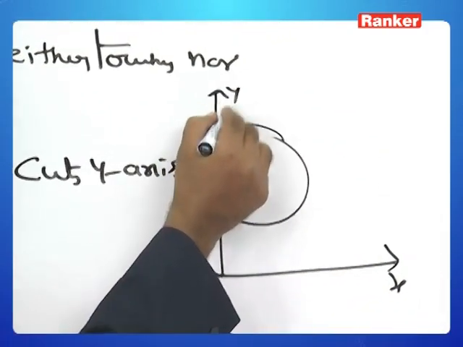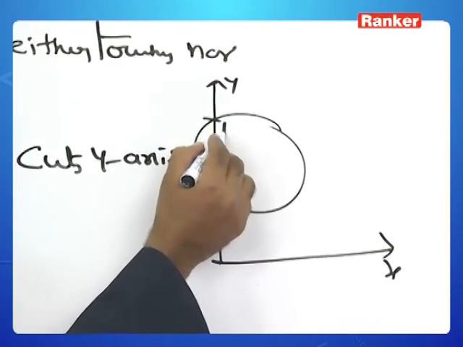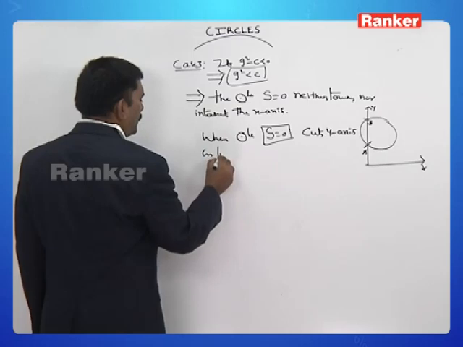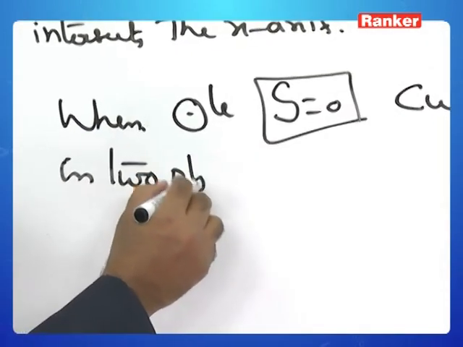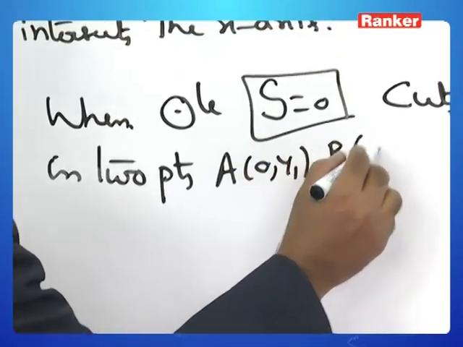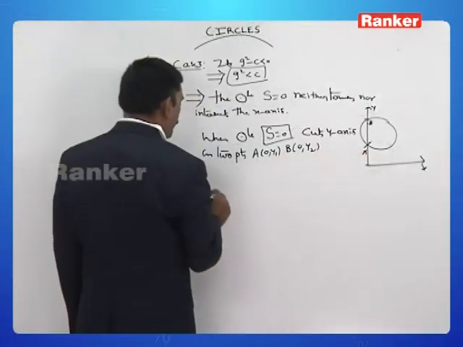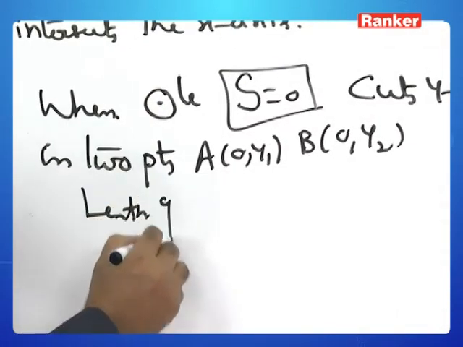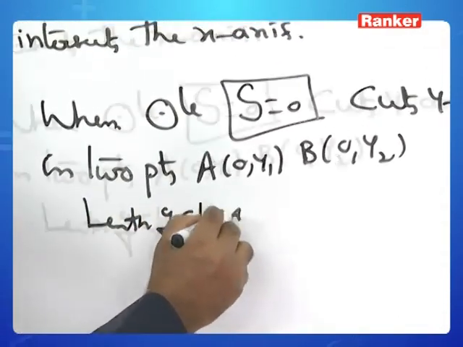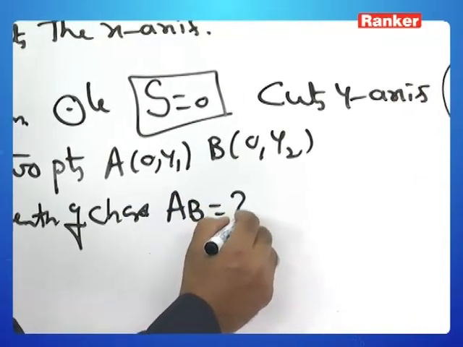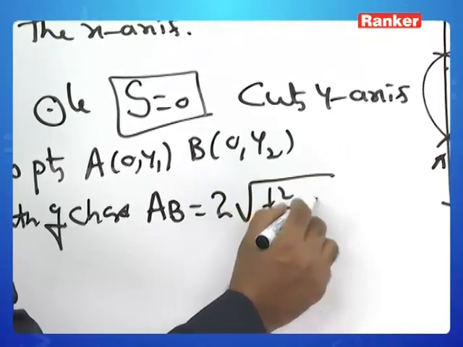This is the x-axis, this is the y-axis, this is A, this is B. It cuts the y-axis in 2 points, A of 0, y1, B of 0, y2. So then the length of the chord AB is 2 into square root of f square minus c, you'll get.